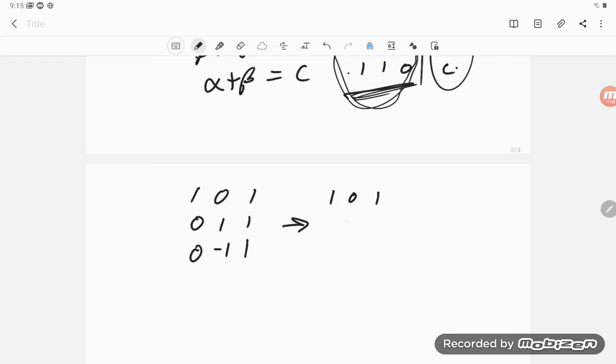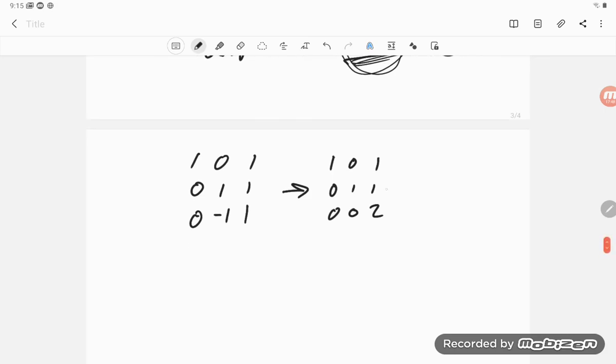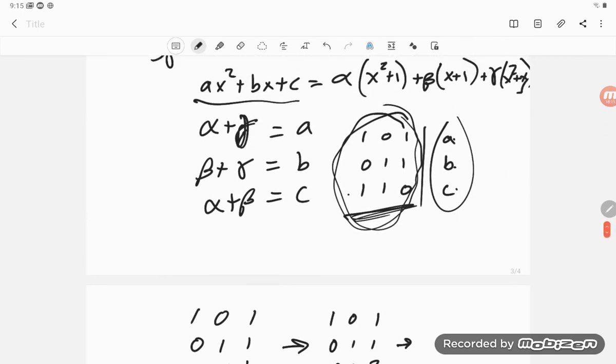So I get 1, 0, 1, 0, 1, 1, and 0, 0, 2. And then I'll have to divide by 2, and then sure, this will reduce, so RREF goes to the identity in 3 dimensions at this point. So yeah, this is non-singular.